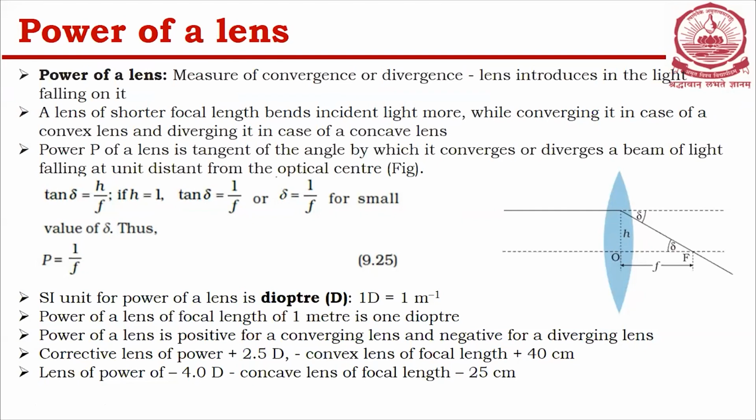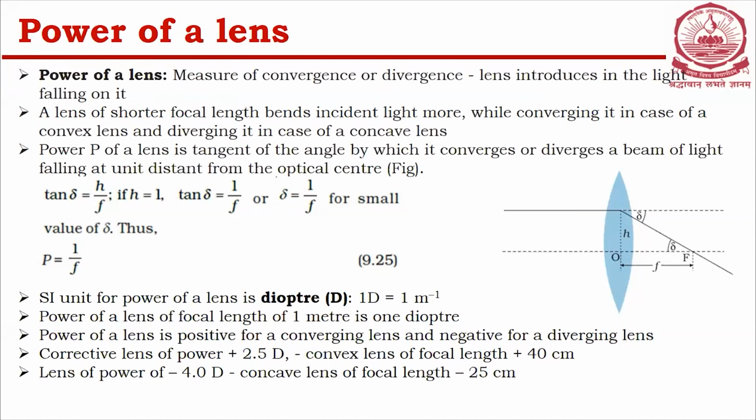The unit of power is the diopter. One diopter is 1 meter to the power minus 1. The power of a lens of focal length 1 meter is 1 diopter. Power is positive for a converging lens and negative for a diverging lens. This is where you apply it to your eyes.